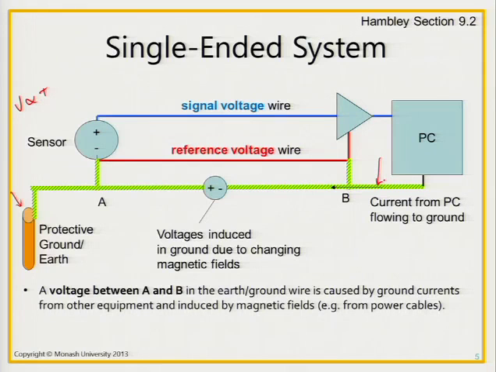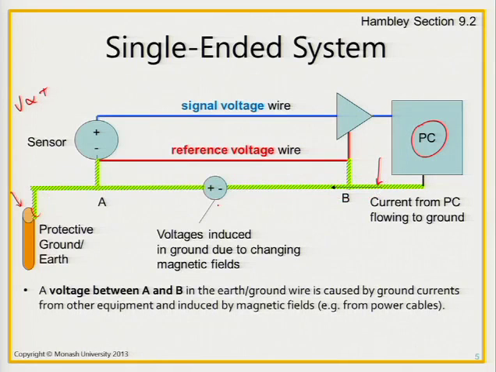So if I have a really long piece of wire and it's got some resistance, and I have currents which use this wire as the ground wire, so let's say this PC is drawing large amounts of current through this wire, following this arrow all the way through to the ground, then because I've got current flowing through some resistance here, and the longer it is, the more resistance it has, you start getting a voltage build-up across these two ends of the wire.